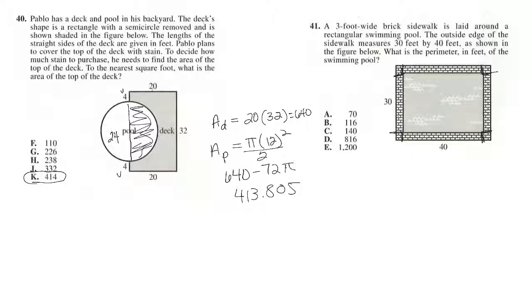So we have 30, but I'm going to take off 3 here and 3 here, so that's really 24. And the same is true down here. The total thing is 40, but I'm taking off 6, so that's going to be 34. So we have 24 times 2 plus 34 times 2. And so that's going to give me 116.